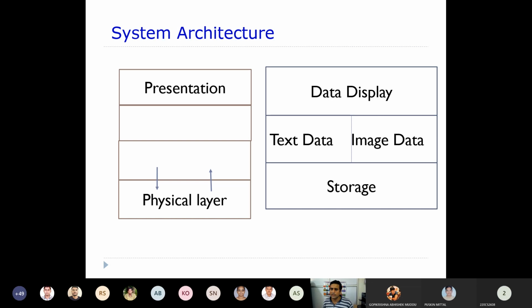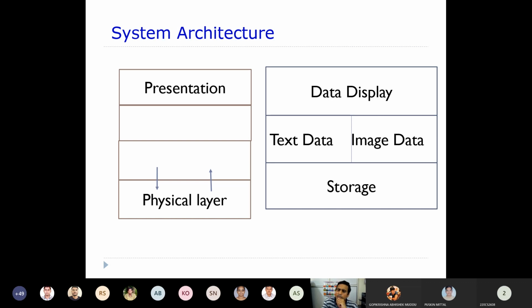In that storage, text data can be stored as well as image data. Now there is a component called data display. Let's say it wants to display some text data; what path will it take?